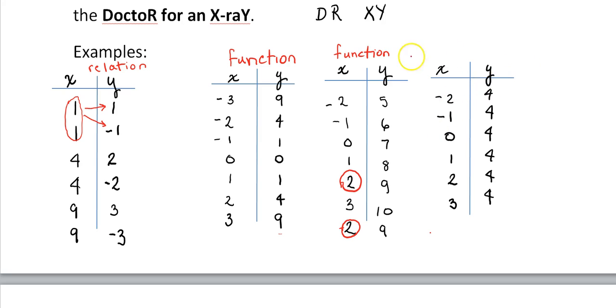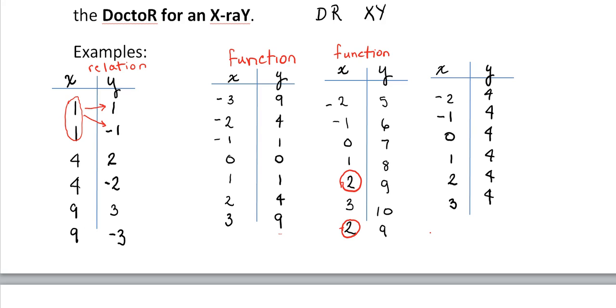All right, so here's one, and this is a little confusing. It throws people sometimes because I have, for -2 I have a 4, for -1 I have a 4, for 0 I have 4, 1 I have a 4, 2 I have a 4, and 3 I have a 4. All right, so what does it say about our equation or our relation, right?